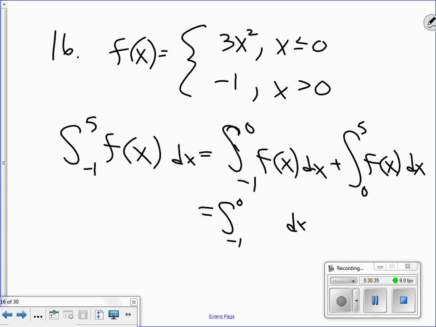What does f of x equal for x's between -1 and 0? From -1 to 0, x is negative, right? So for f of x, you can put in the 3x squared.